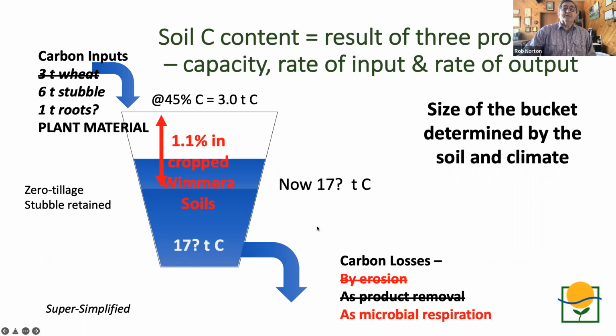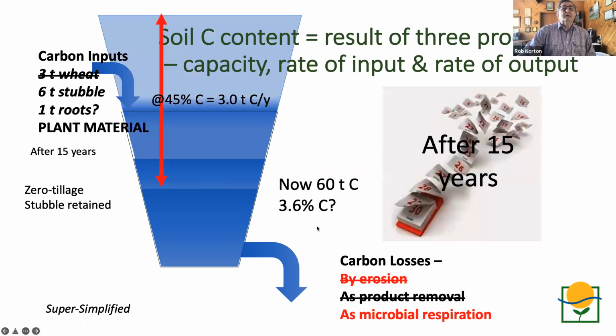Does that 17 tonne really appear? If we keep doing that, say after 15 years, and we keep adding 3 tonne of carbon, do we have 60 tonne of carbon present? Does the soil carbon content go to 3.6% with 60 tonne of carbon stocks?